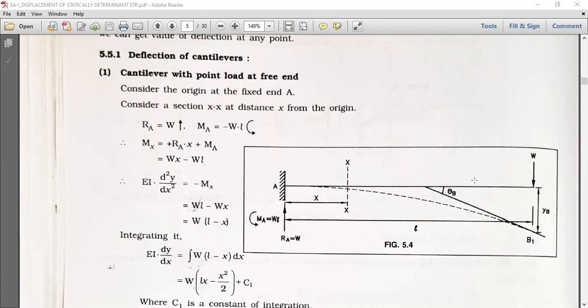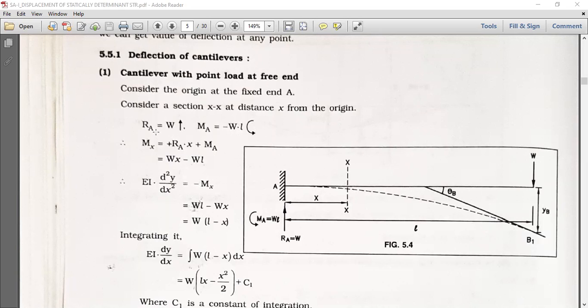The fixed end is A and the free end is B. The length of the beam is L, and a W kilonewton point load is acting at the free end B. Consider the origin at the fixed end A, and consider a section at distance x from the origin.